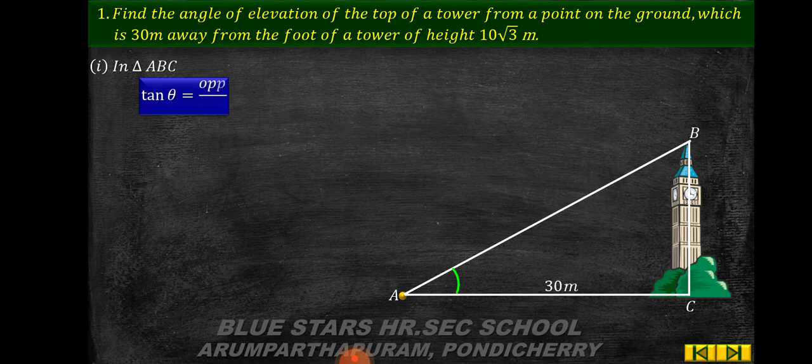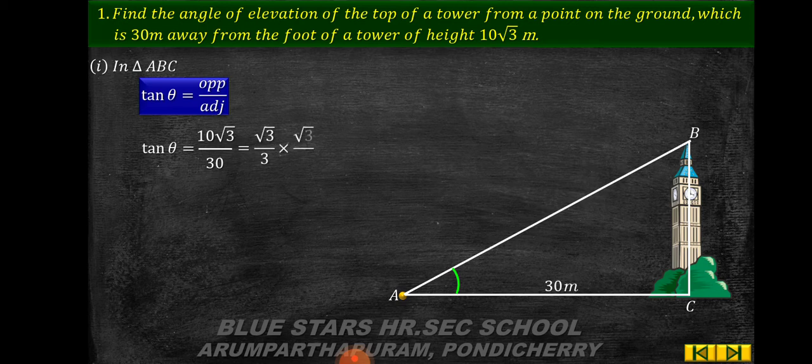tan theta is equal to opposite by adjacent. So we know tan theta is equal to 10 root 3 by 30, because the top of the tower is 10 root 3, that is your opposite side, which is equal to root 3 divided by 3, because 10 and 30 get cancelled.